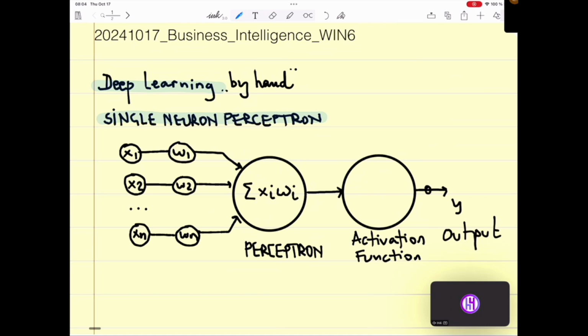We measure here the output, and put it back into the weights to initialize again the weights.